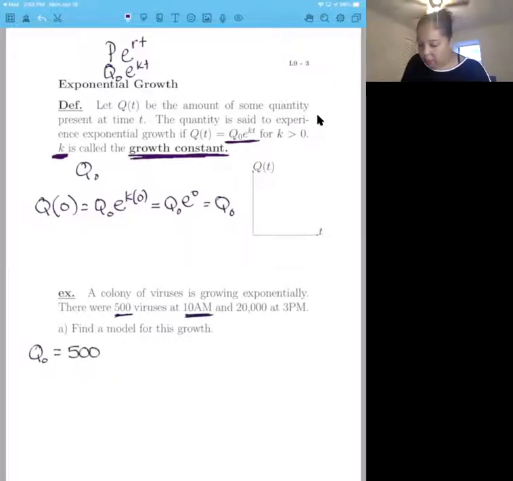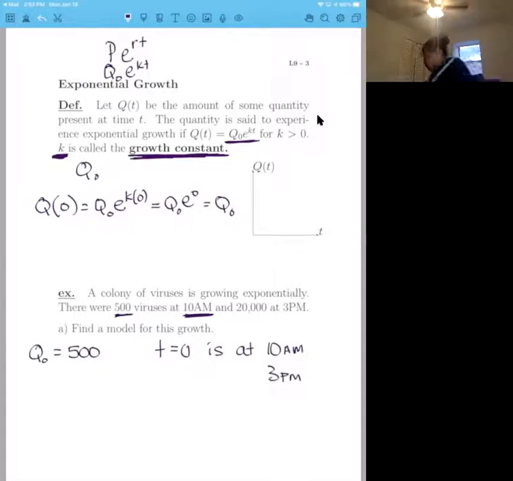Now, the initial time is 10 a.m., so t equal to 0 is at 10 a.m., which means 3 p.m. is how many hours later?